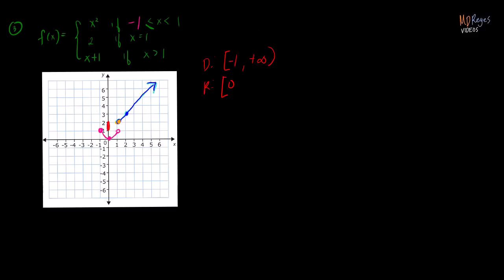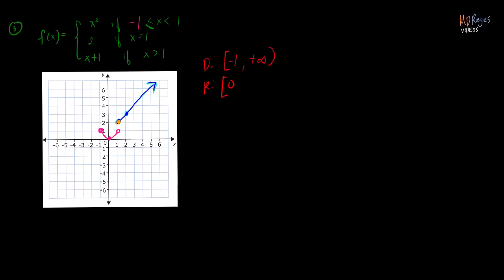Therefore, these numbers on the y-axis are not covered by the graph. Okay? The last number covered on the y-axis here, over here, by the portion of the parabola is 1. And then, the first number covered by the blue line is 2. All the numbers in between 1 and 2 are not covered.